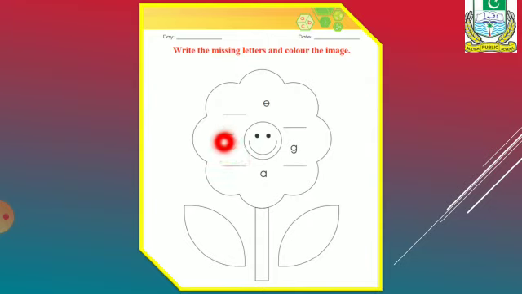Okay, C is already written for you. What comes after? This is K, sound K. What comes after K? We are going to write in the blank over here. D. That's right. A, B, K, D, and the sound E is already written for you.